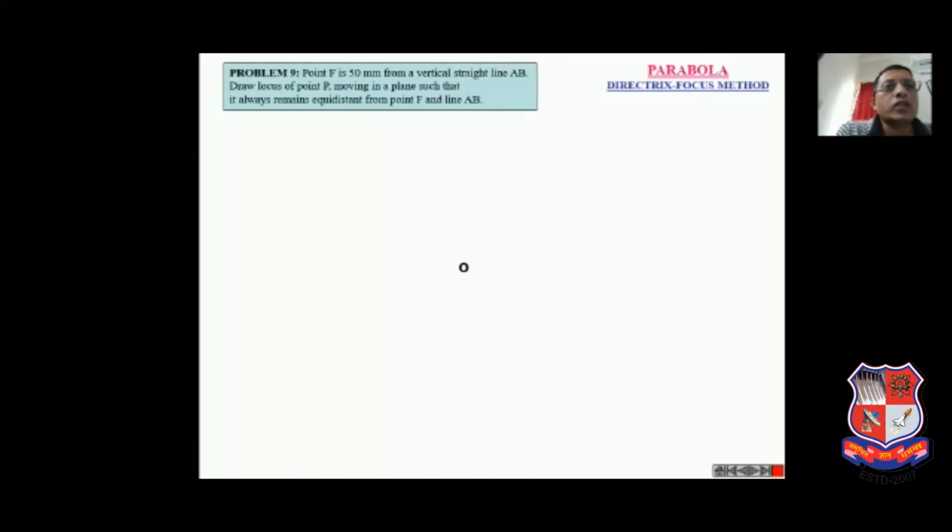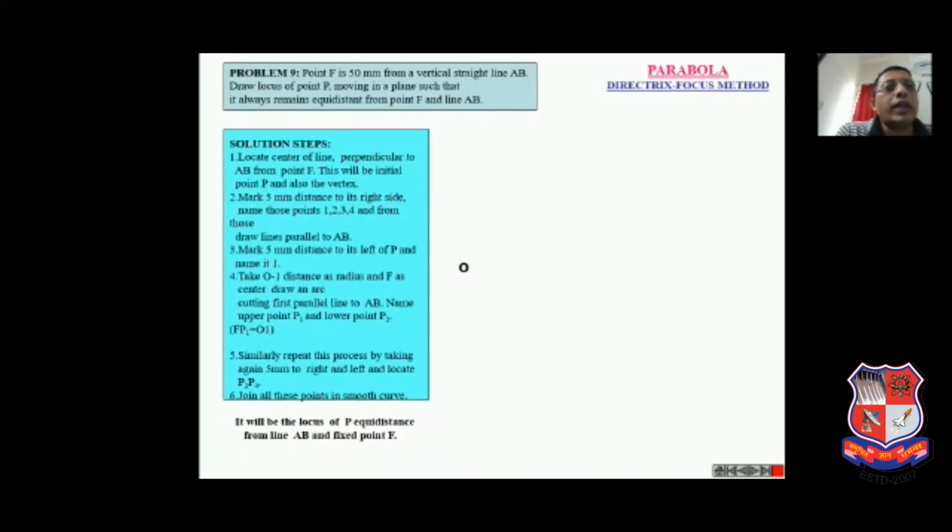Draw a locus of point P moving in a plane such that it always remains equidistant from point F and line AB. So as we know that in parabola eccentricity is equal to 1. So the distance of vertex from focus and the distance of vertex from directrix are same.